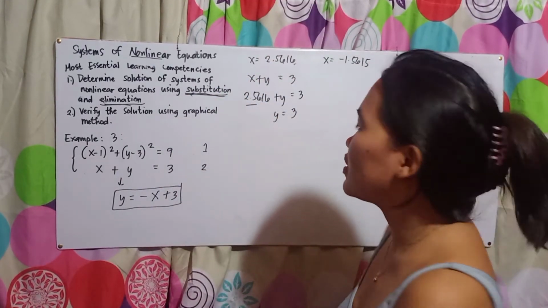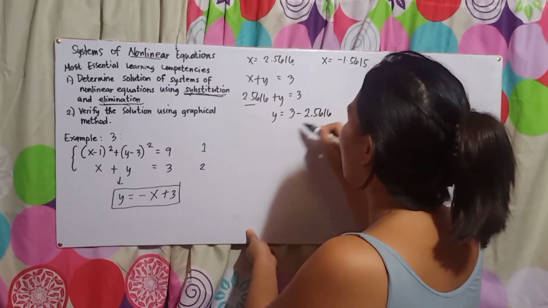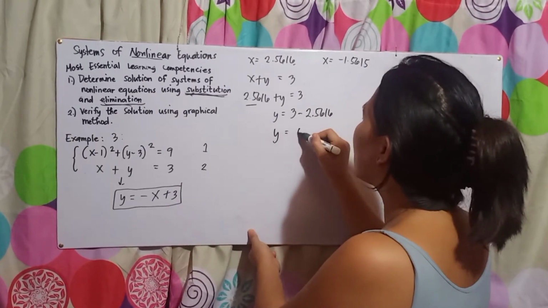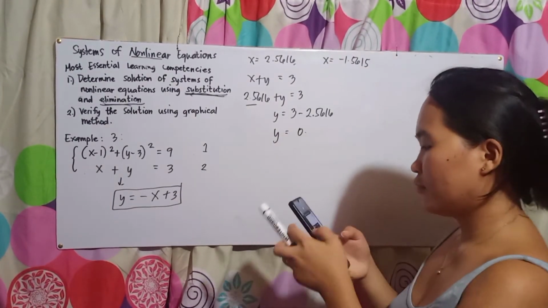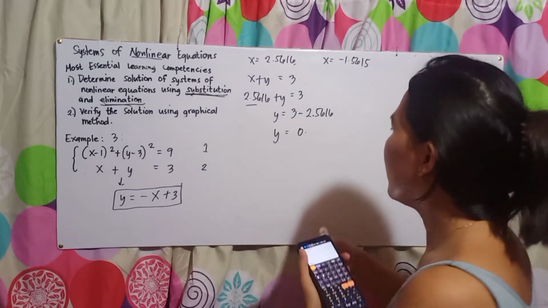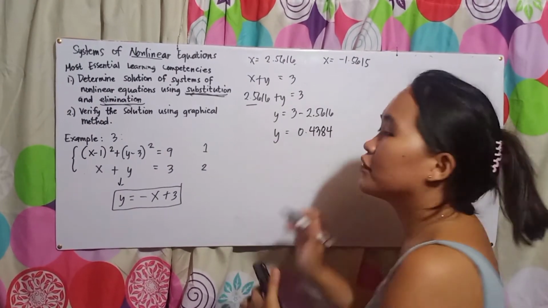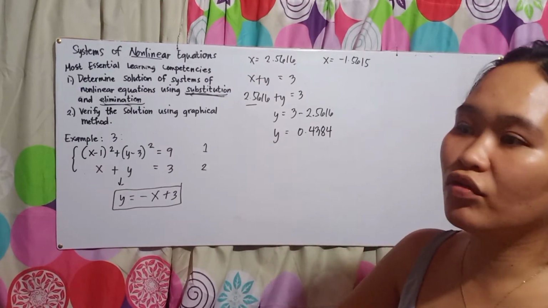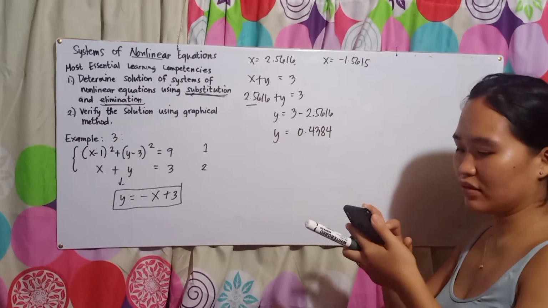So, mag-change yung sign. Negative 2.5616. So, y equals 0.4384. So, for decimal places, akong gikuha para dili mag-change ang answer.